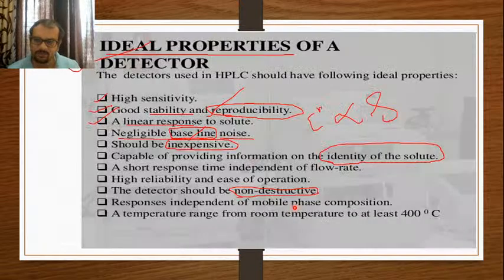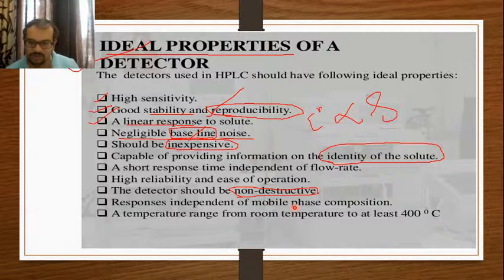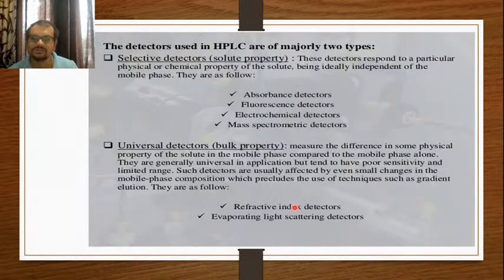Ideal properties: sensitivity, reproducibility, linear response, negligible baseline, inexpensive. It should be capable of identifying the unknown compound. It should be non-destructive, highly reliable, independent of the mobile phase rate and composition, and not so temperature sensitive. It can be divided into selective.